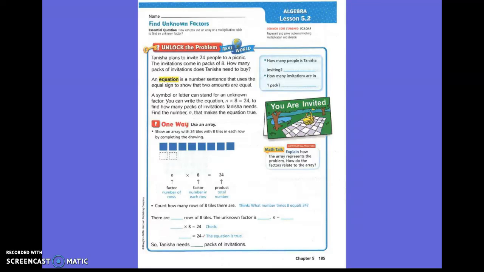Boys and girls, today we are going to use an array or multiplication table to find an unknown number. Let's read the story problem. Tanisha plans to invite 24 people to a picnic.